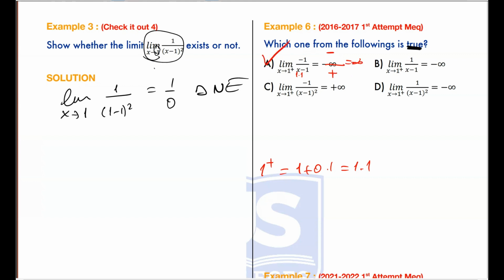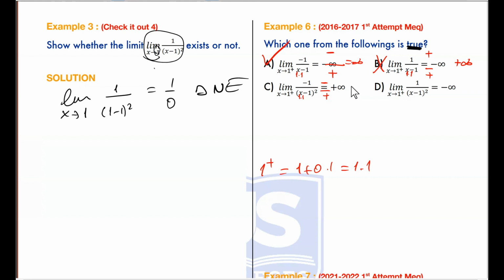First option is true. Second option, 1. The sign of the numerator is positive. 1.1 minus 1 is 0.1, whose sign is also positive. Positive over positive is supposed to be positive infinity. So that's false. Option C, 1.1. Negative is the sign of the numerator. 1.1 minus 1 squared, since I am squaring it, no matter what I have inside, it's going to be positive.